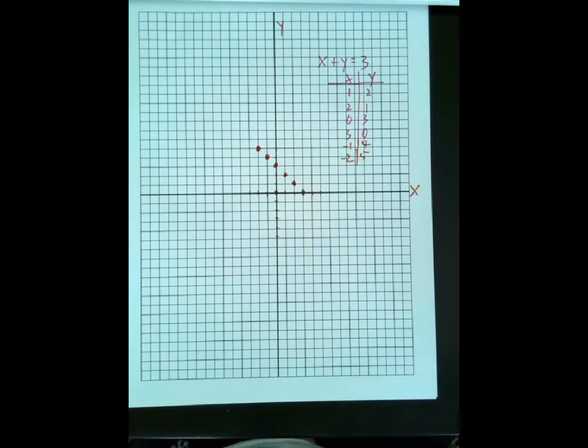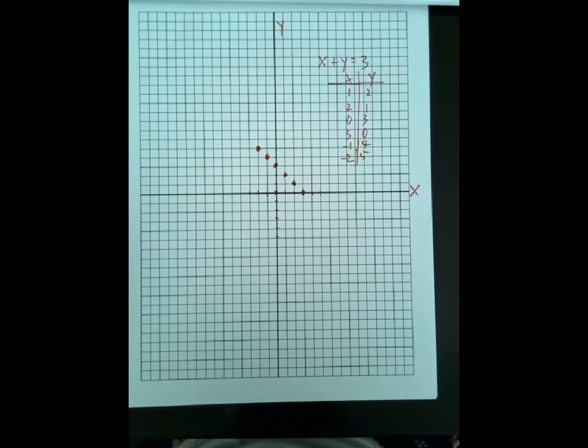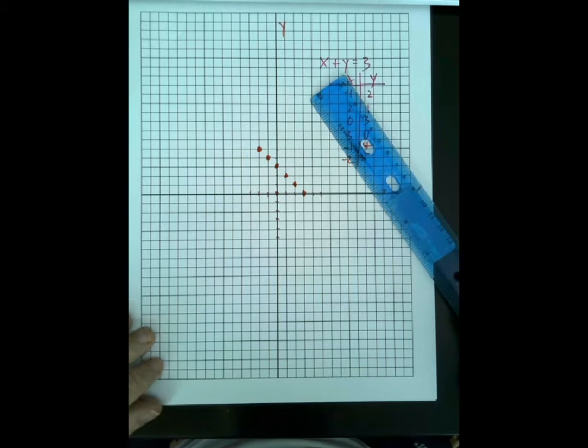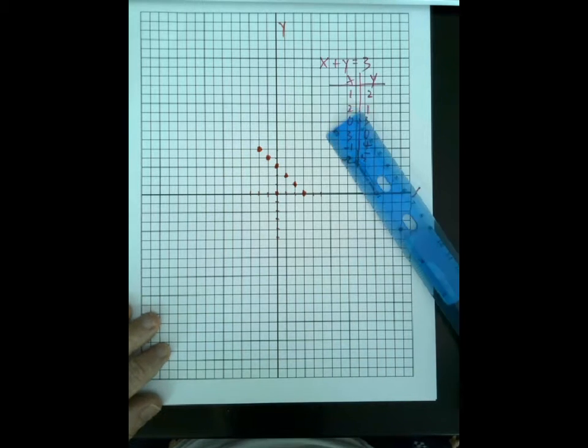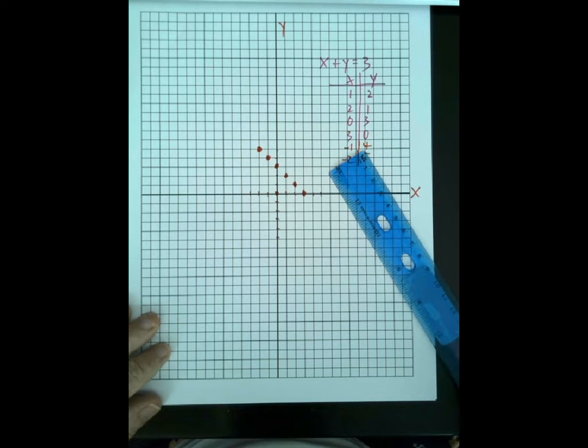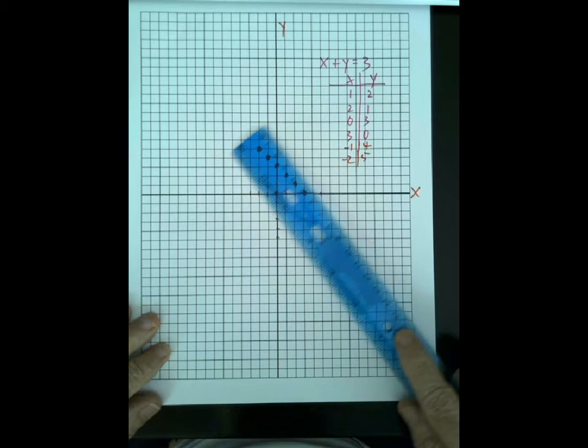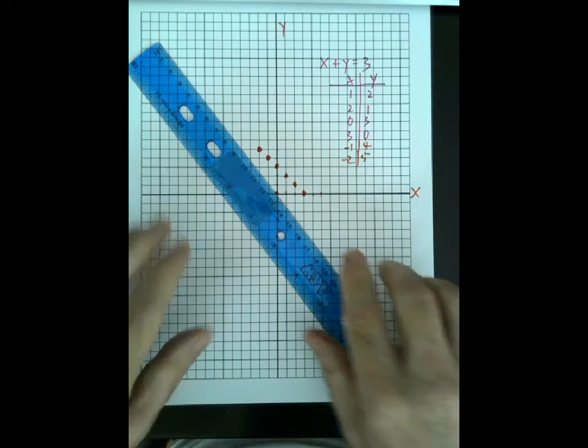Now, what do you notice about those points that we just plotted? You notice that they all line up on a nice straight line. So this equation is called a linear equation because when you plot ordered pairs that are solutions to that equation, they fall on a nice straight line.